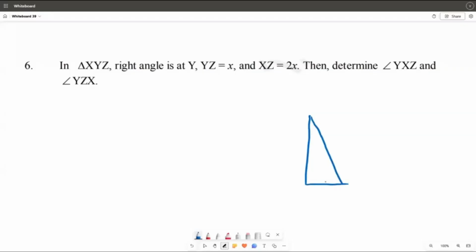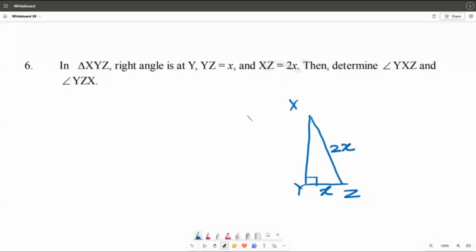So consider this as a right angle triangle, right angled at Y, and let's mark the other vertices as X and Z. They gave the length YZ is equal to x, so let's put x. Next they gave ZX, which is the hypotenuse, as 2x.